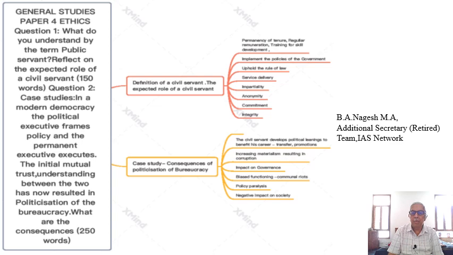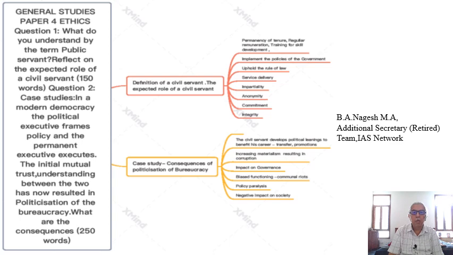The civil servant, with whatever knowledge and attributes he has, enters the civil service. Then he is given a lot of training to equip him for the job. So by definition of a civil servant, I include three aspects: permanency of tenure, regular remuneration, and training. These three are the characteristics or components for the definition of a civil servant.